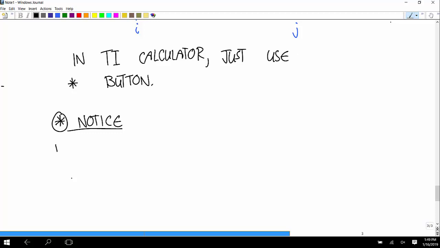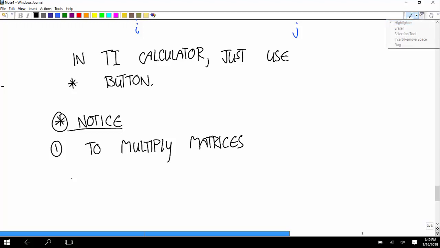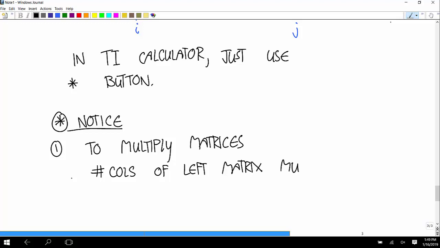So first, to multiply any matrices, the number of columns of the left matrix must equal the number of rows of the right matrix.